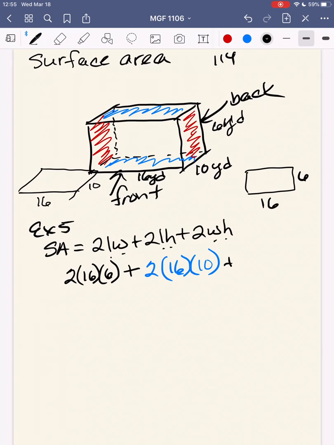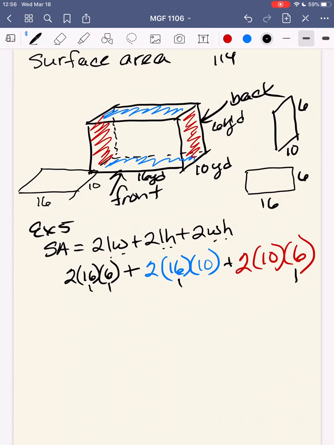Then I'm going to add that to my width and my height, which is this side piece here that I'm looking at. So I have a 10 here and a 6 here. And so I should have 2 times 10 times 6. What you should also notice here is no number appears in all three. So I have the 16 twice, I have the 6 twice, and I have the 10 twice. That should totally occur. Okay.